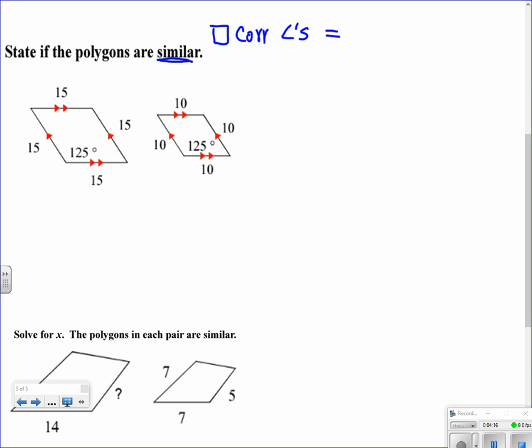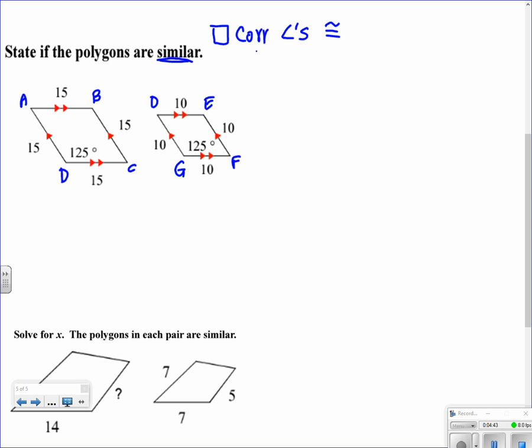Okay, so to do that, let me name this A, B, C, and D. So this polygon is named ABCD. And this one, let me name it D, E, F, and G. So I'm going to use D because I know the measurement right here.